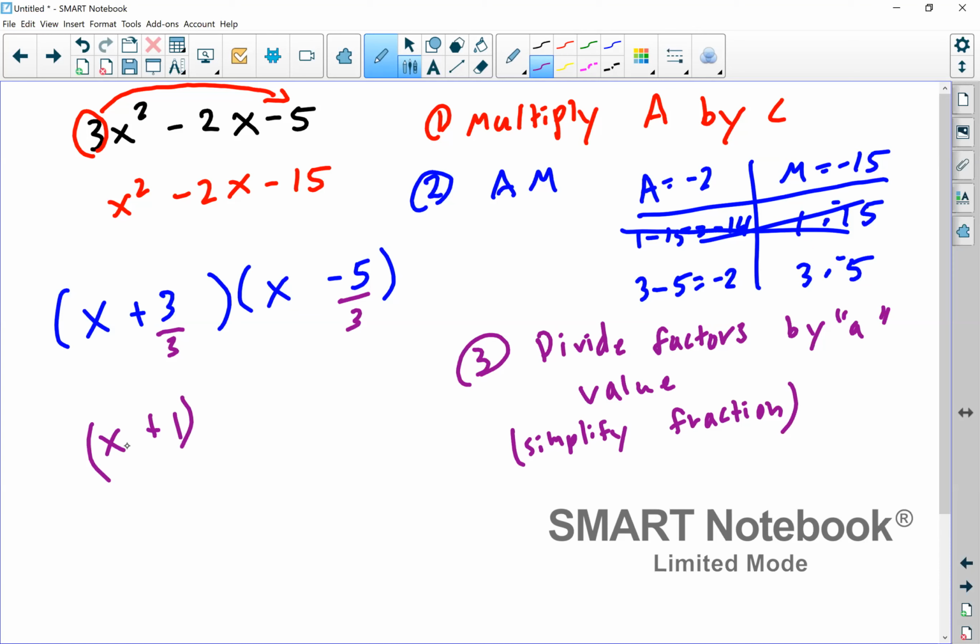Very simple. But when you come here, can you divide 5 by 3 without getting a decimal? No. So what we do is, if we can't divide, we kick the denominator to the front.